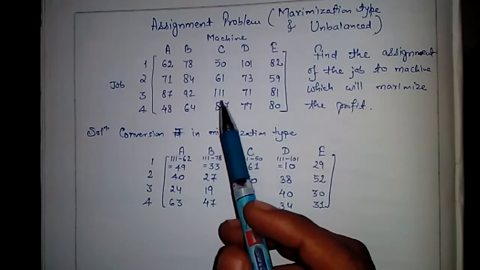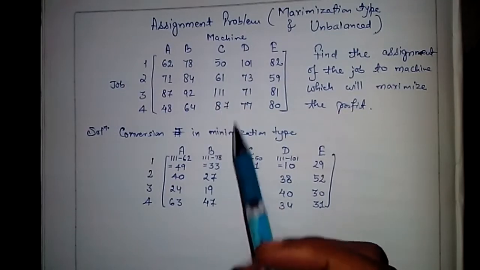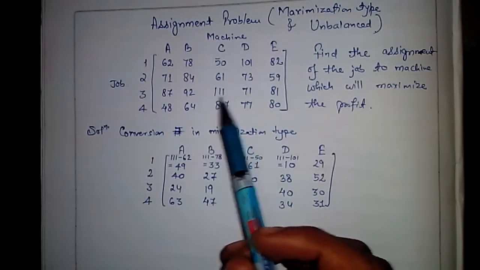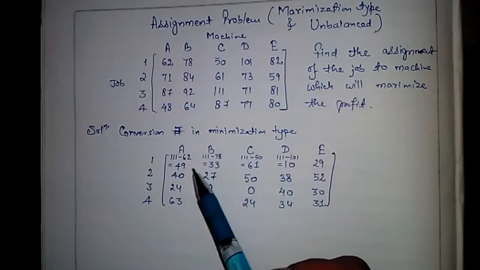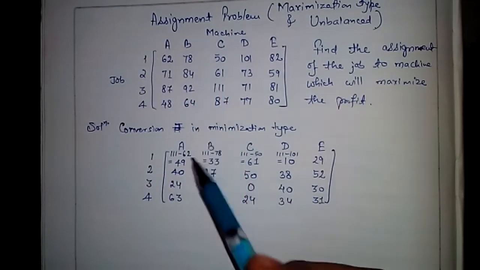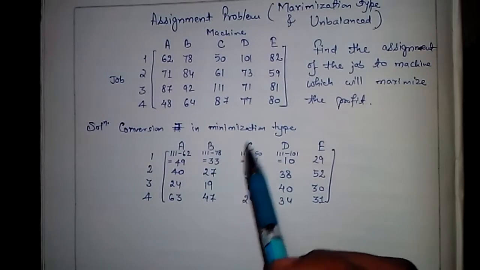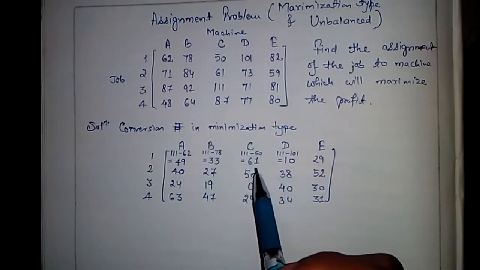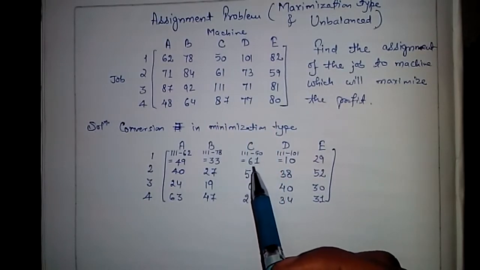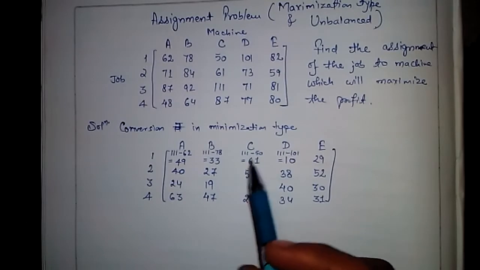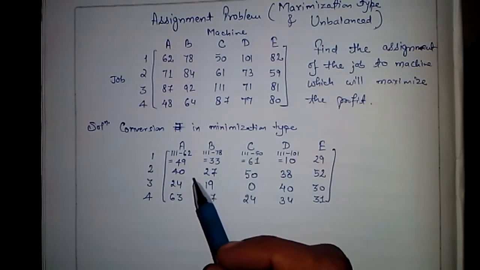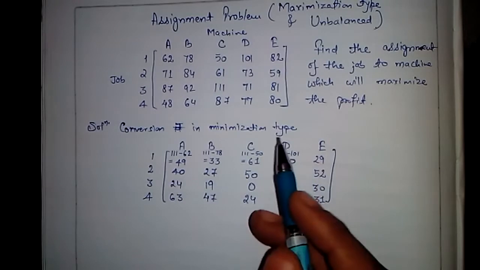The largest element is 111, so we have subtracted it like 111 minus 62, that is 49, 111 minus 78 is equal to 33, 111 minus 50, that is equal to 61. Similarly, we have subtracted all the entries from 111 to obtain this resulting matrix.